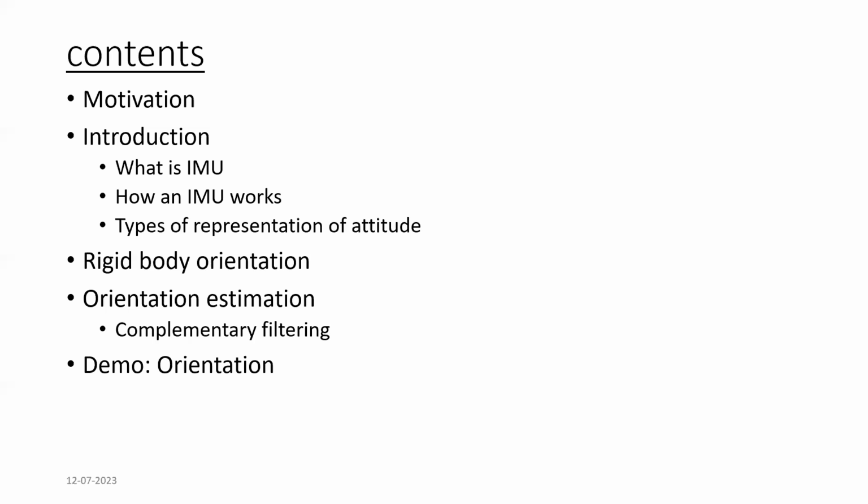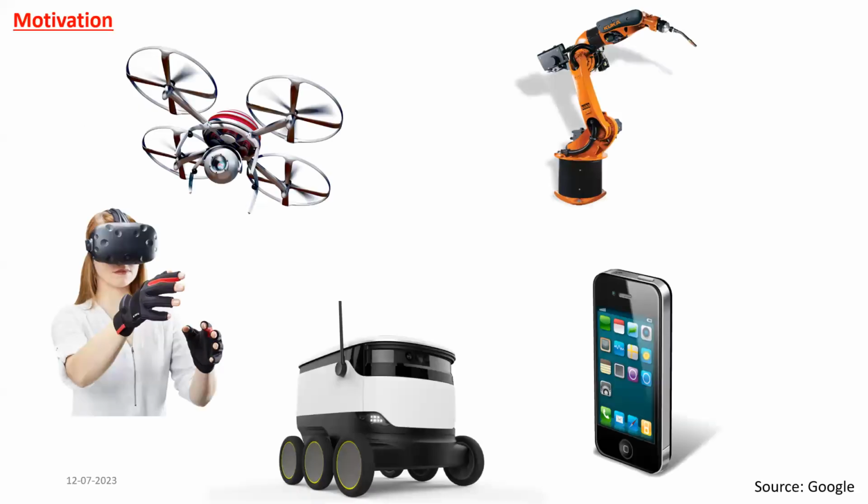roll, pitch, and yaw. So coming to the introduction, why do we need an IMU? The IMU, the inertial measurement unit, is everywhere nowadays. Let's say, for example, drones. Drone movement depends upon the sensors it has, for example IMU, LiDAR, or camera.